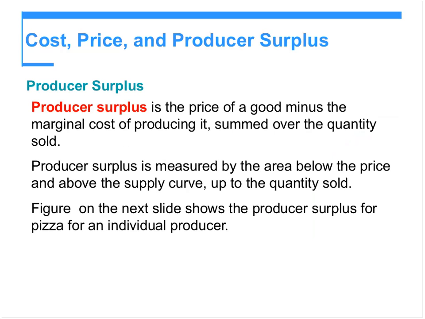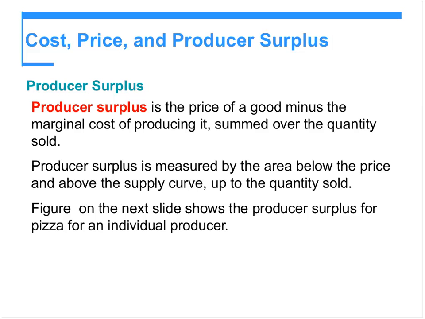So whenever we say price or marginal cost with quantity, or price or marginal benefit with quantity, they are the same. Now, producer surplus. Do you remember we were talking about consumer surplus? Now we have the producer surplus. Producer surplus is the price of a good minus the marginal cost of producing it, summed over the quantity sold.